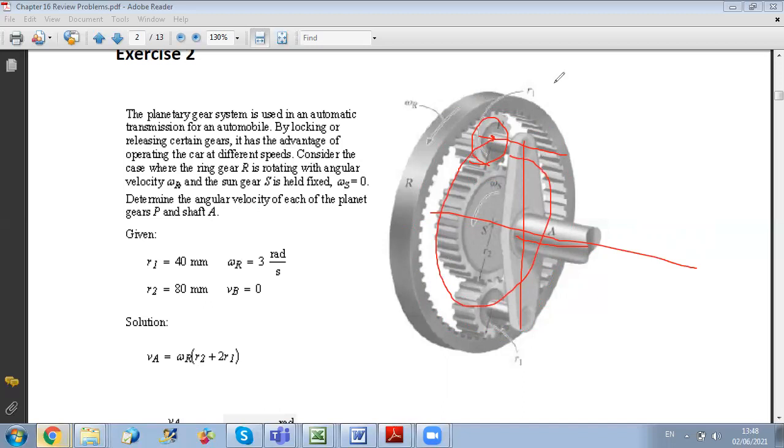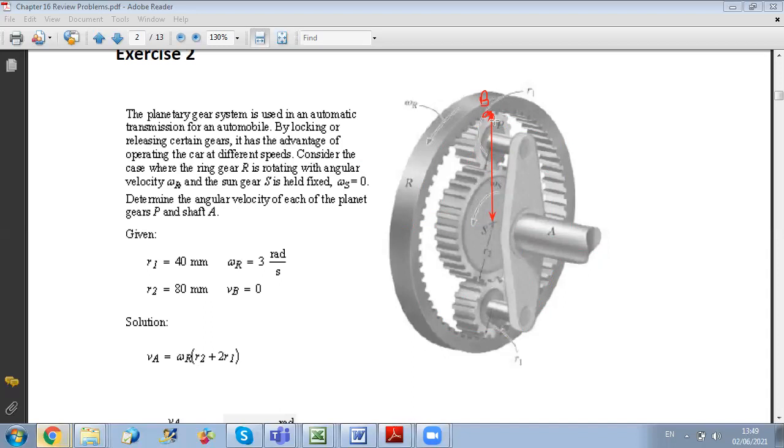Okay, now going back to point B. If I want to find the velocity of this point, what is the method? Since I have rotation about a fixed axis, all I have to do is take the total distance from the center of the sun gear to the point B, because the center of the sun gear is the axis of rotation.